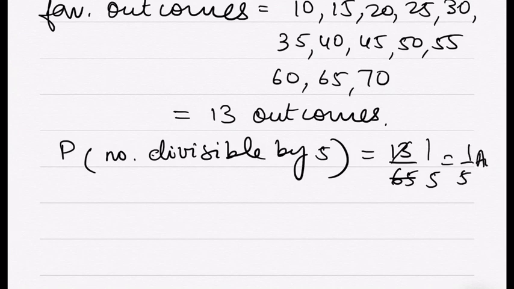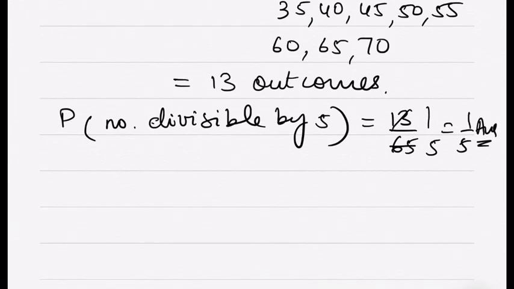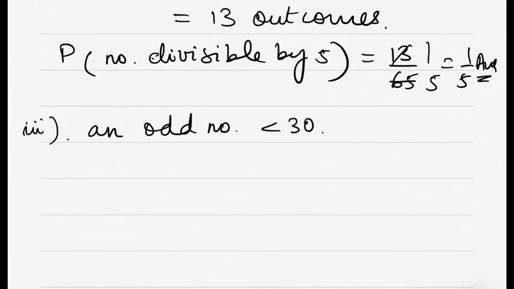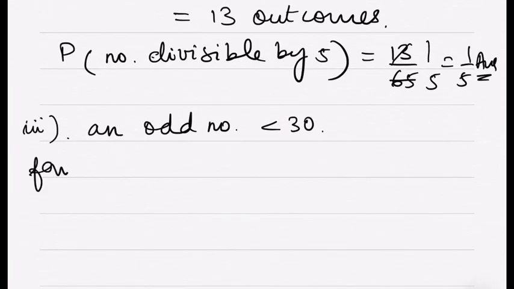Okay, now third part. So the third part says an odd number less than 30, an odd number which is less than 30. Okay, so my favorable outcomes. Now we have to figure out from these numbers that it should be odd and it should be less than 30. It starts from 6, so 6 is not an odd number.